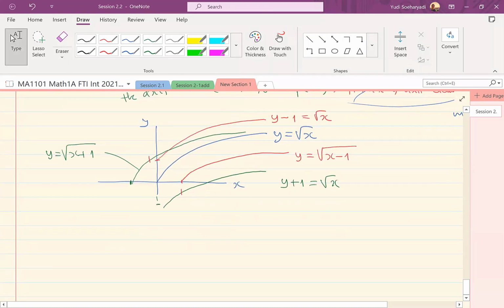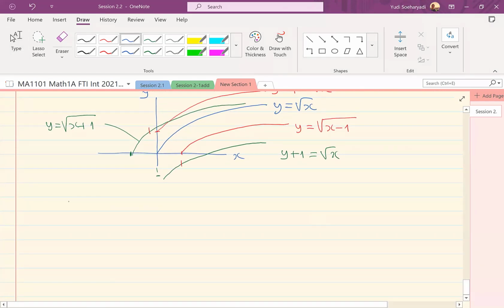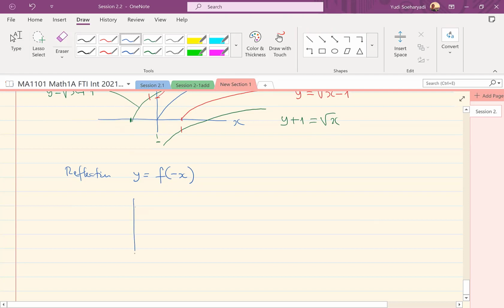Okay. What about the reflection? Reflection. So if you have a graph that looks like this one, x positive becomes negative, x negative becomes positive.